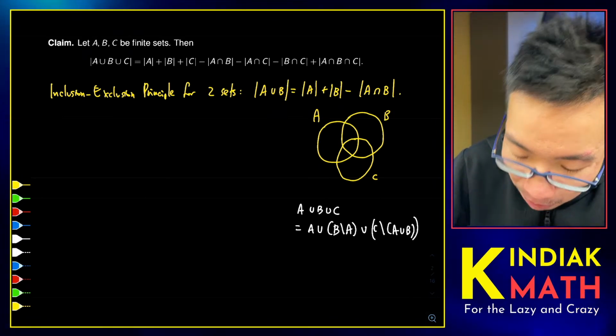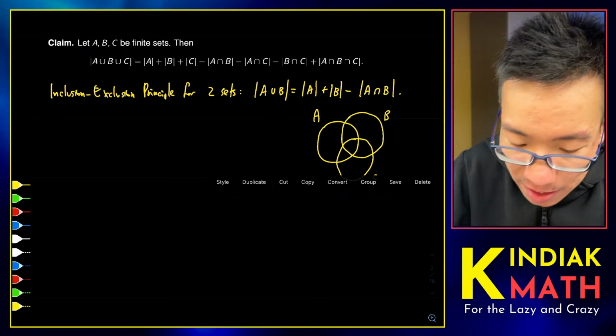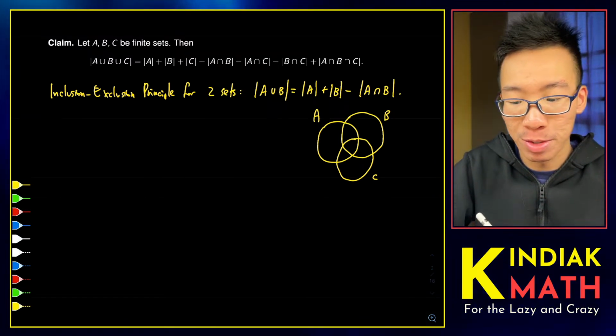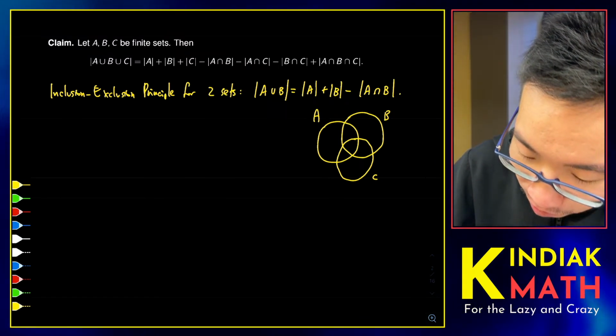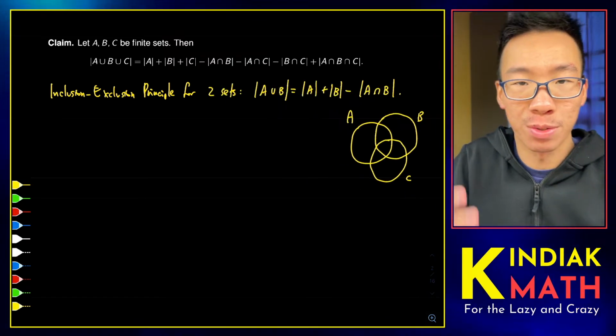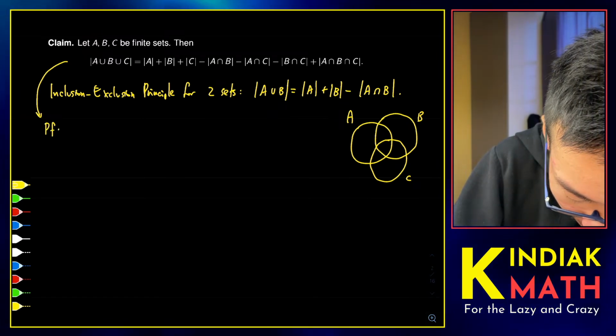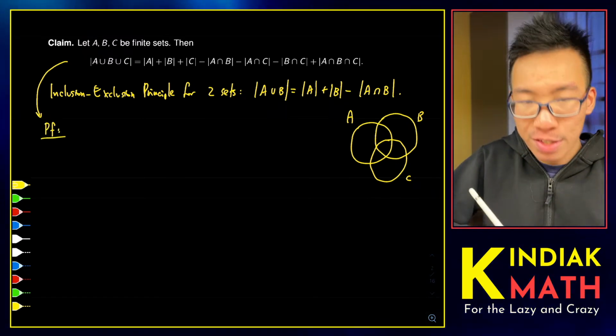So I am going to propose that we use the 2-set situation to prove the 3-set situation. And we can use this to prove the 4-set situation and so on and so forth. So let's go ahead and prove this claim. And let's write it this way.